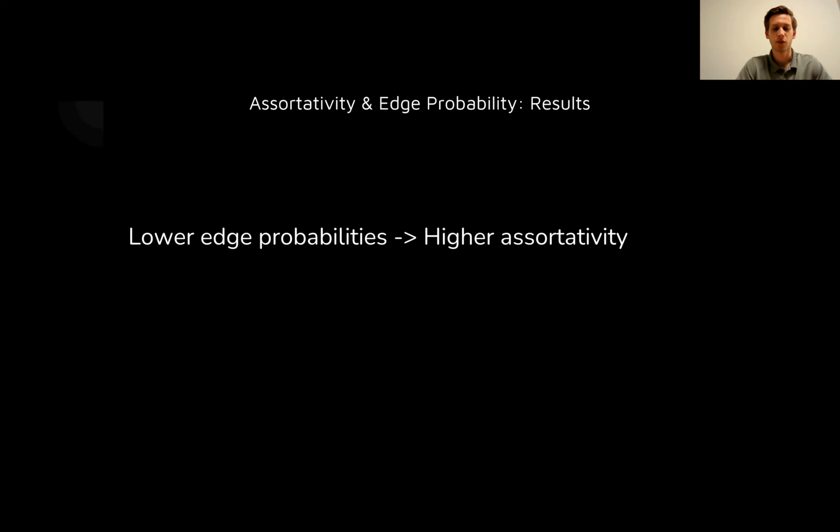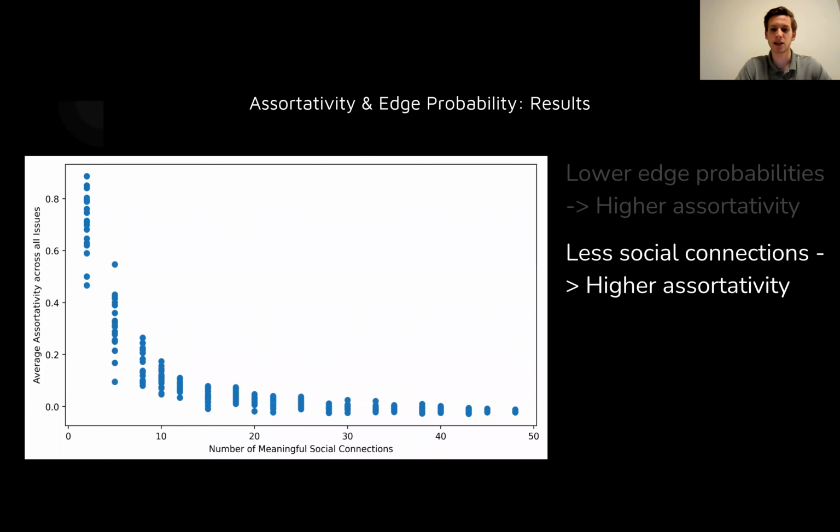We found that with lower edge probabilities, you would actually have a higher assortativity. So what does that mean exactly? If you have a lower edge probability, that means that you have less social connections because the chance of there being an edge between you and other nodes is lower. We found that in the simulations where we have less social connections, you would actually have higher assortativities.